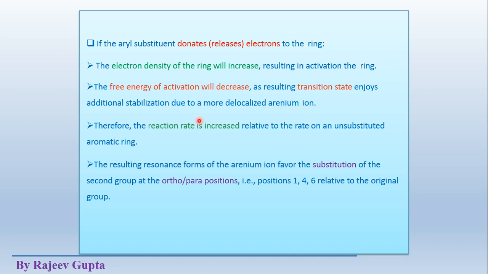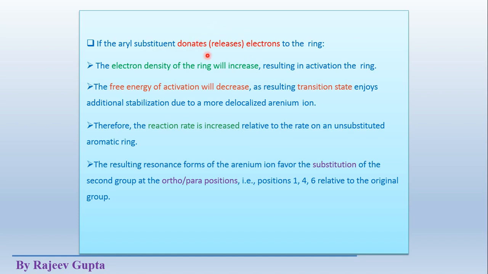Therefore the reaction rate is increased, because we see that activation energy is decreased, so the rate of reaction increased relative to the rate of reaction on unsubstituted aromatic rings. Unsubstituted benzene ring means pure benzene ring; compared to that pure benzene ring, this derivative of benzene or aromatic, we may see an increased rate of reaction. See, here the substituent should be donating type, meaning it releases electrons.